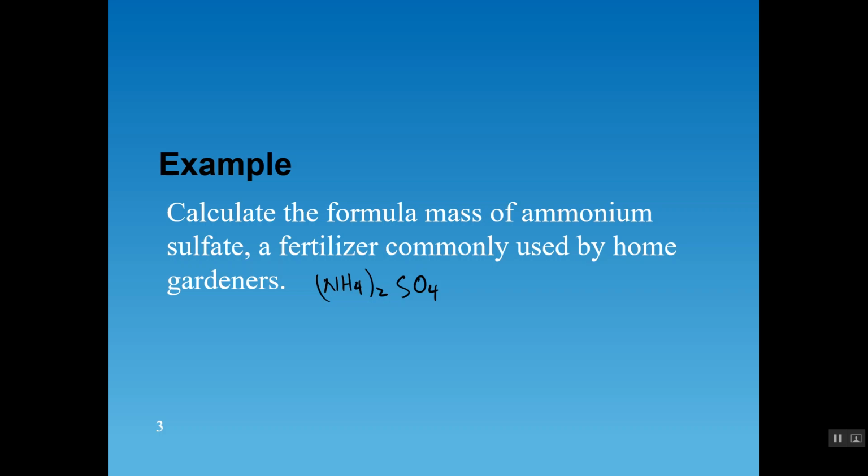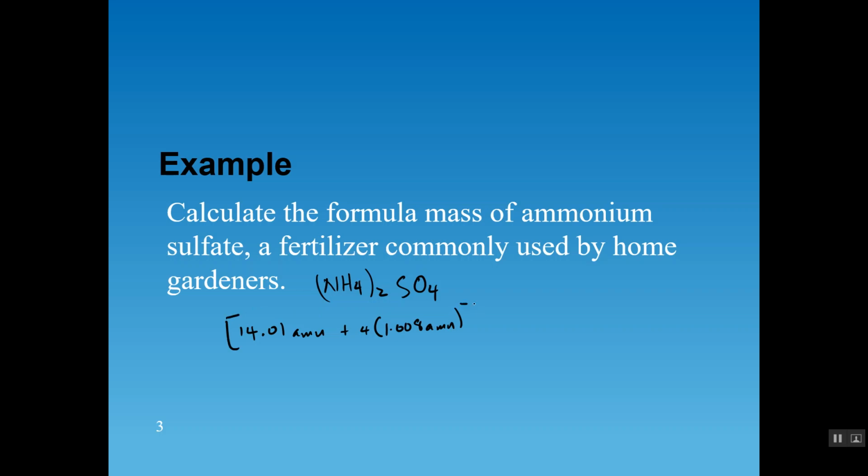So in the case of nitrogen, the atomic mass of nitrogen is 14.01 AMU plus 4 times the atomic mass of hydrogen, which is 1.008 AMU. And then that sum you have to multiply by 2.